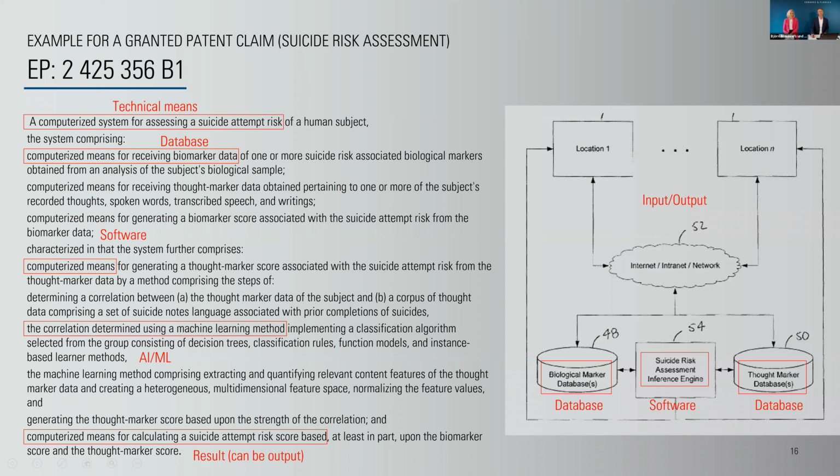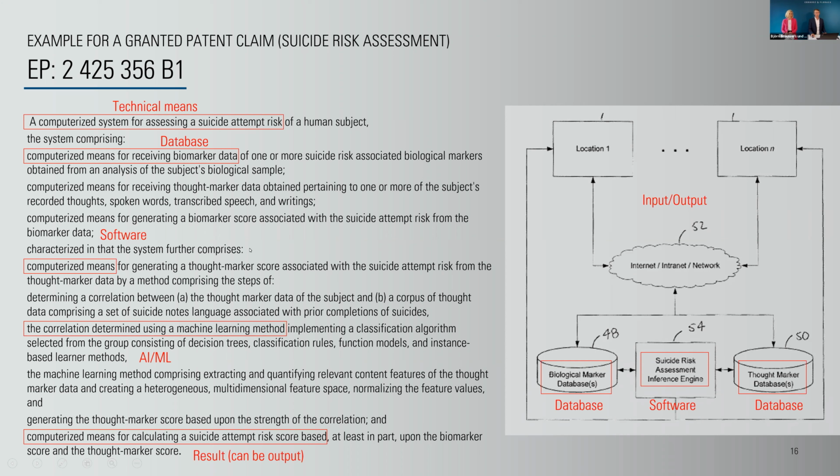And what is done here is that all of those technical means are defined, and then in the claim it is defined how the technical means interact with each other, to somehow show that there is more than a simple exchanging of information between the different entities, because they're using the information to determine a certain kind of score, let's put it this way, and then use the score in dependence of indication to output this warning or alert to a user. And this is quite usual to do it this way.